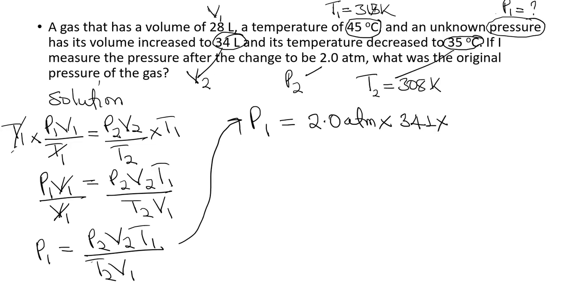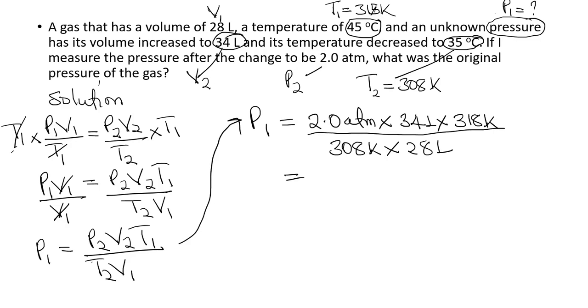T1 is 318 Kelvin. T2 is 308 K, and V1 is 28 liters.